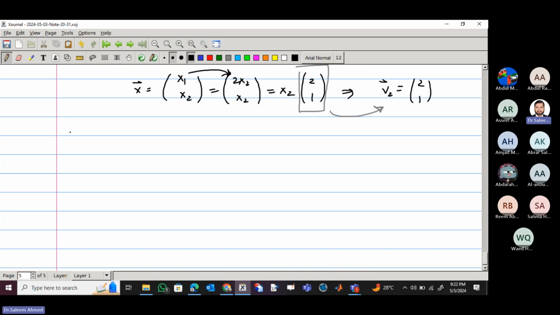After finding eigenvalues, eigenvectors, in 5.3, they have a topic which is diagonalization.